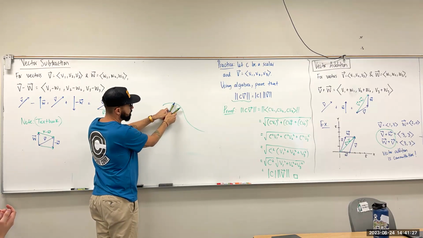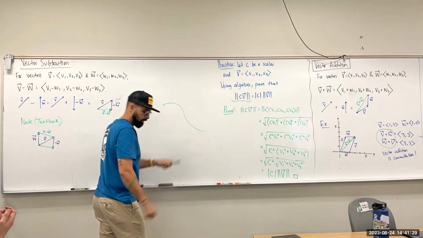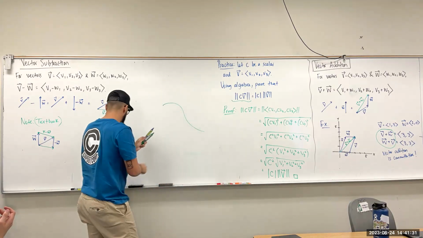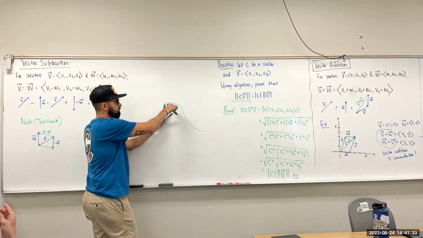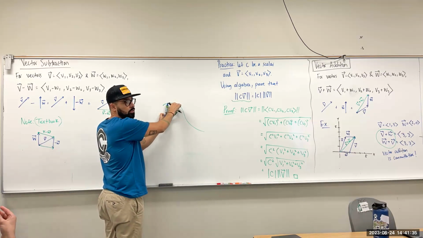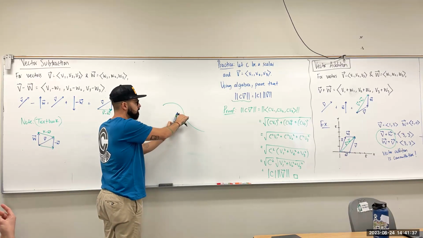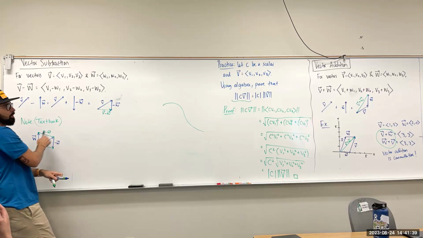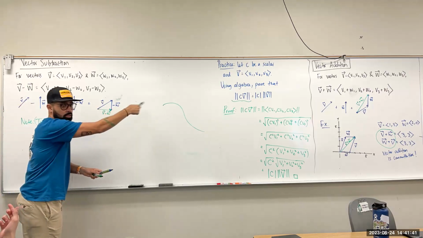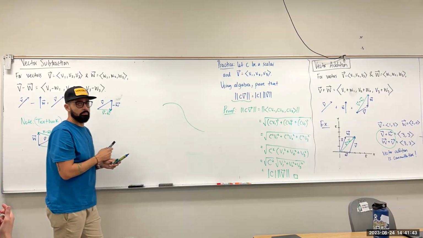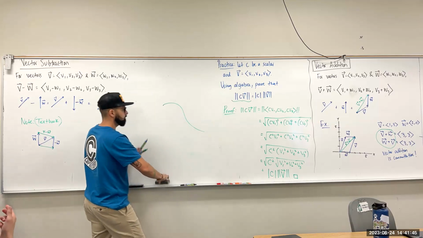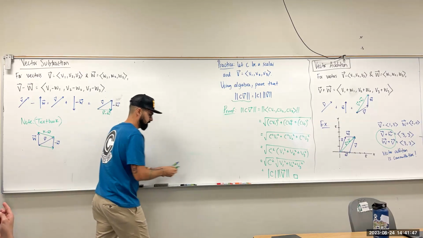And the vector connecting these two will be the difference vector. And it's easier to do it the way they do it than the way we did it when it comes to that side. Okay. Well, we'll do that later. Don't worry.